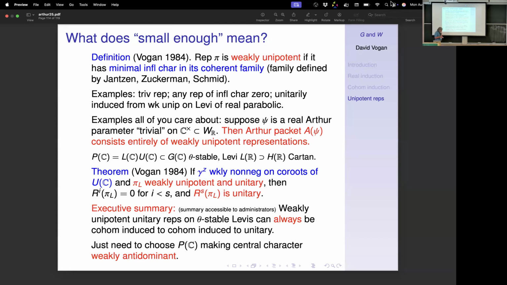You construct Arthur packets by taking the Arthur parameter, making a Levi subgroup with it, somehow the centralizer of the C cross on the dual side, and then the dual Levi subgroup in G. And that Levi subgroup that you get, well, I'll write a few words.